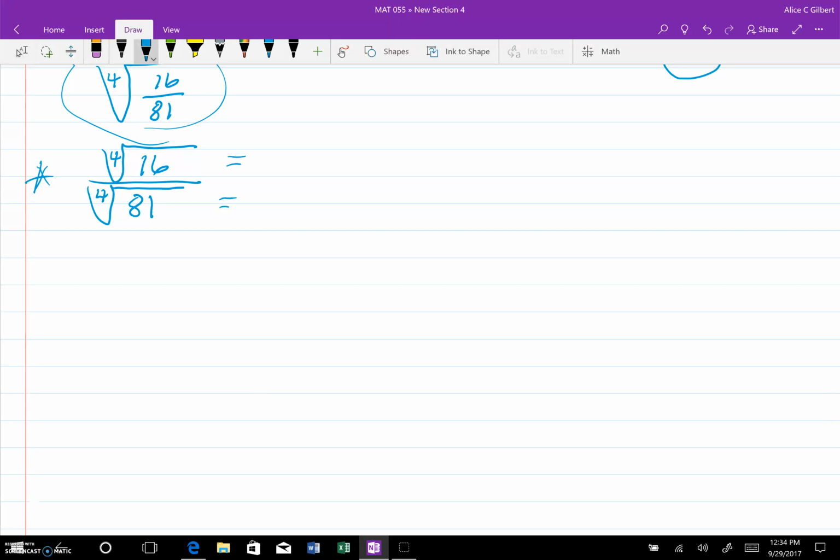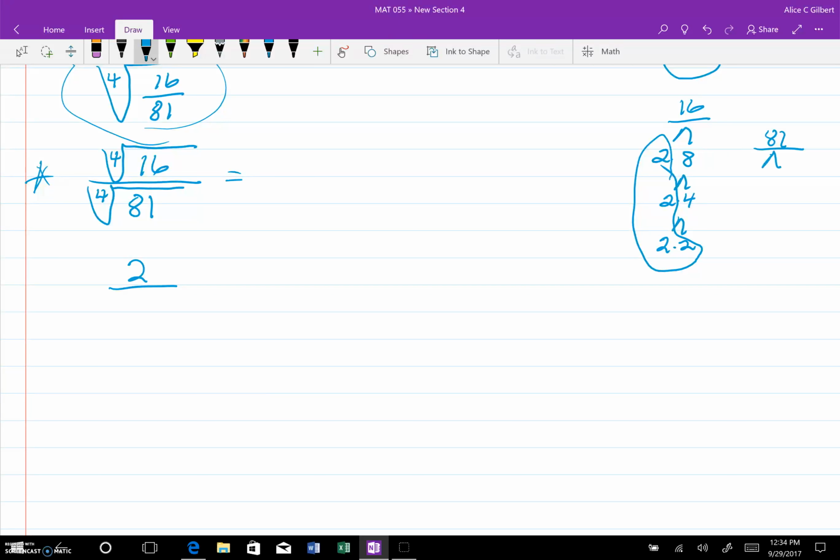The fourth root of 16, let's do this. 2 times 8, 2 times 4, 2 times 2. Big Boss says 4 in a group. So the fourth root of 16 is 2, and it's an even root, so there's nothing left over. That means the radical sign is gone.